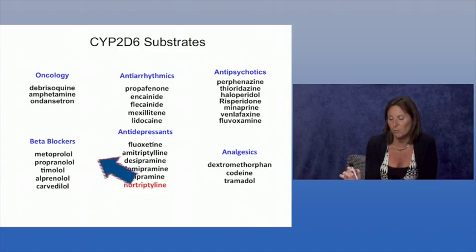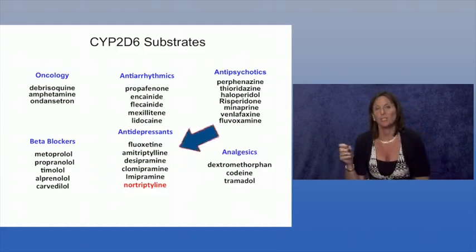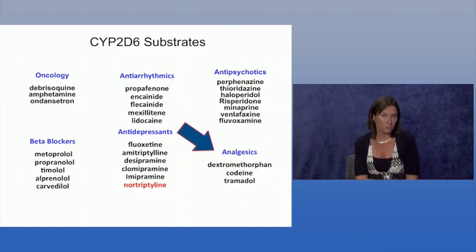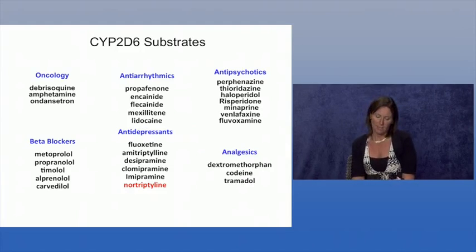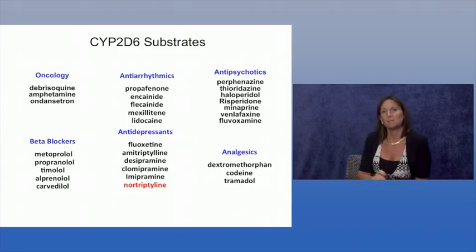A wide range of drugs used in the treatment of depression, and then certain medications that are used in the management of chronic pain. And this is by no means a fully inclusive list, and certainly not a list that you really should try and memorize at all. It's purely to give you an idea of the spectrum of different medications that are dependent upon CYP2D6 as a type of a cytochrome P450 enzyme for metabolism.